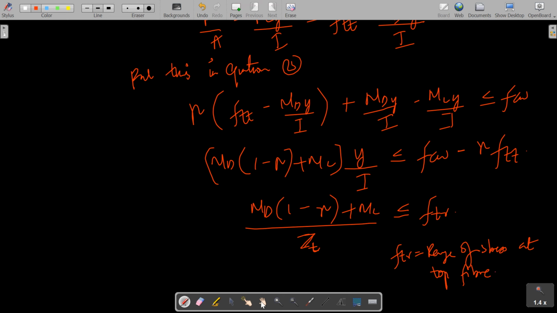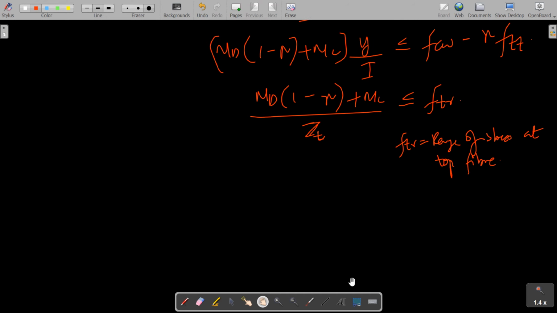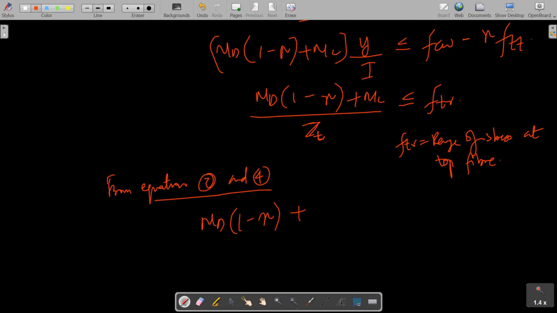Now similarly, this I had taken from equations 1 and 3. Now at the bottom, if I am writing from equations 2 and 4, that is at the bottom stresses 2 and 4, I will get MD into 1 minus eta plus ML by ZB must be less than or equal to eta into FCT minus FTW.